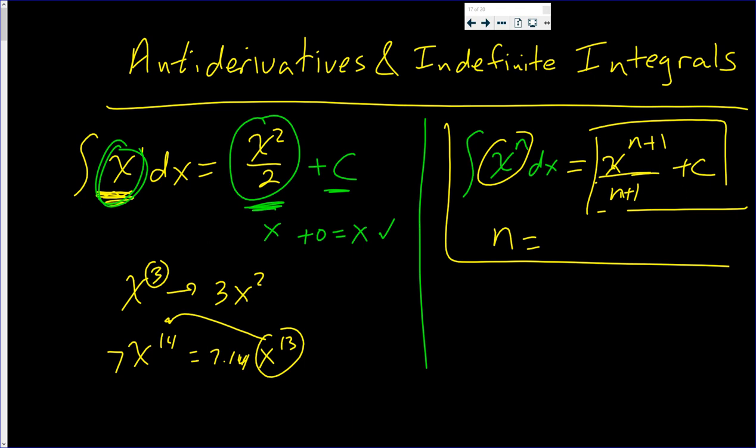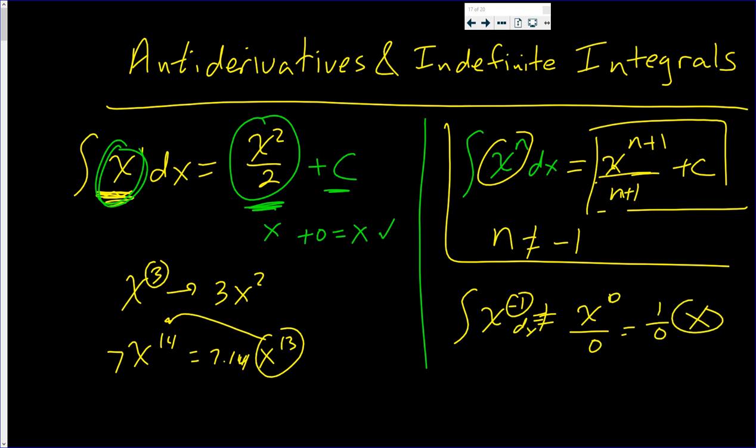That is, the integral of x to the -1 does not follow the rule of adding 1 to that power, which gives 0, and then dividing by that power. That would be 1 over 0, which is complete nonsense. Okay, so as long as that exponent is not -1, here's our answer. Add 1 to the exponent, divide by that new number.